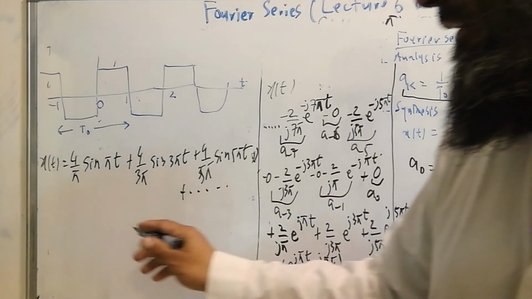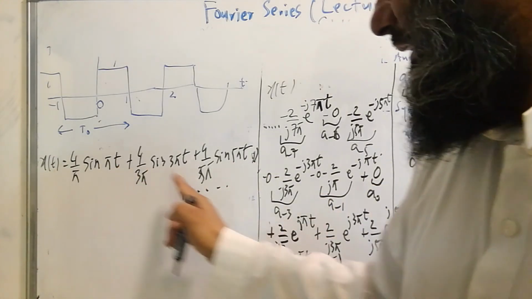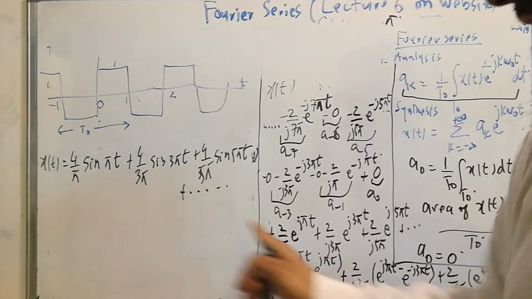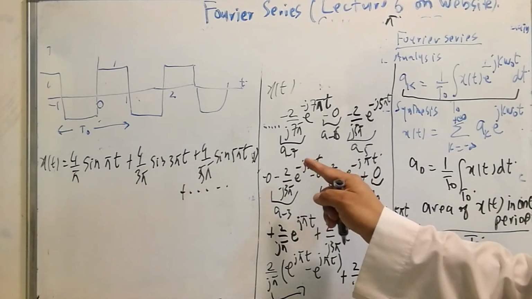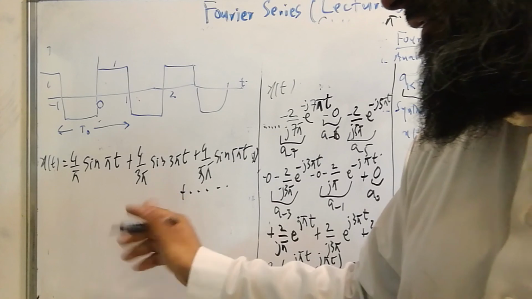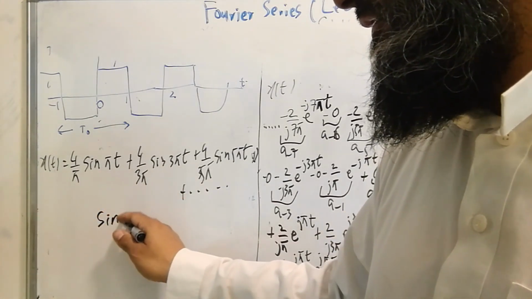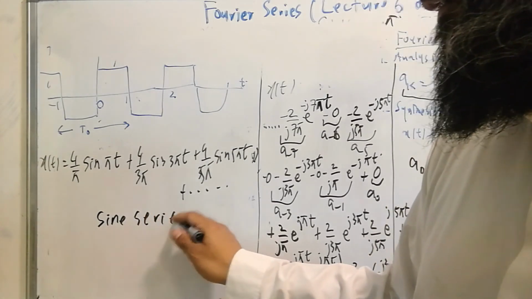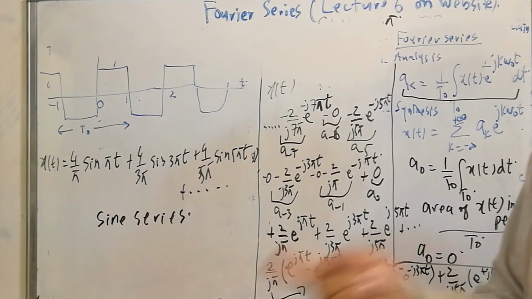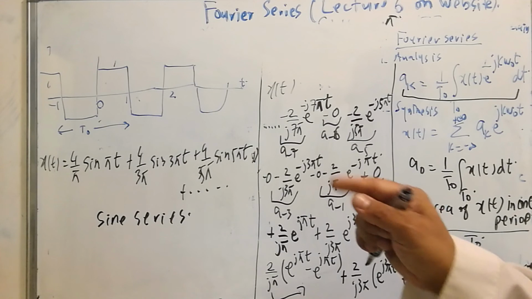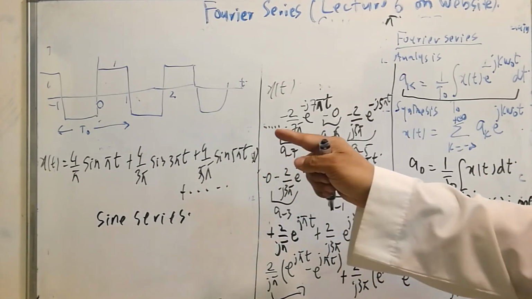So this is called a sine series, because if we add these, the two a_k, plus k and minus k, the answer is sine. So I call this a sine series. Now in the class assignment, I would like you to follow these steps and do the same problem.